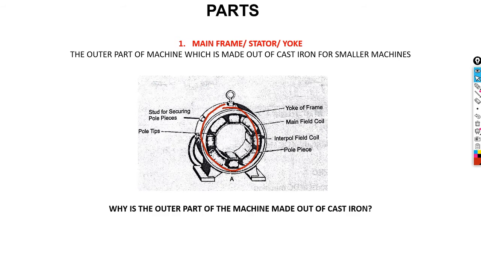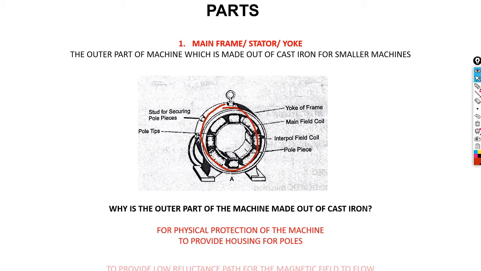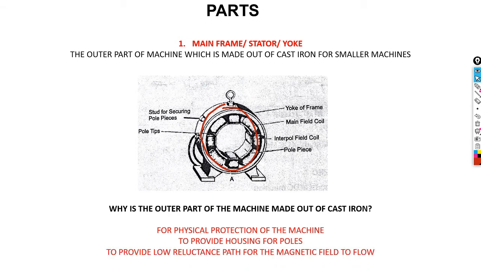Why is the outer part of the machine made out of cast iron? That is a question that can come back to you, and the answer is: for physical protection of the machine, to provide housing for the poles, and to provide low reluctance for the magnetic field to flow. That's why this outer part of the generator is made out of cast iron.